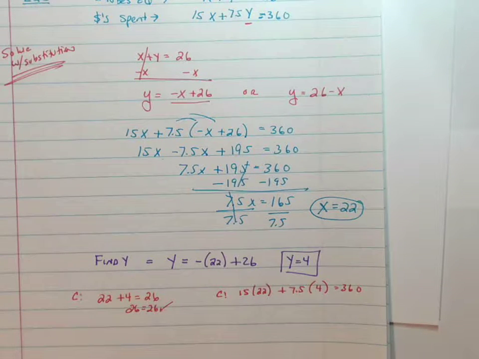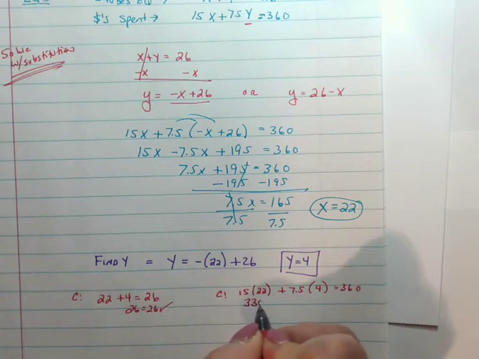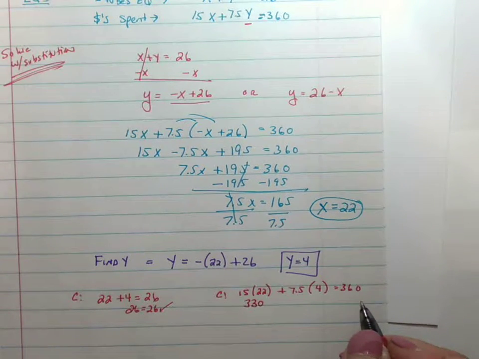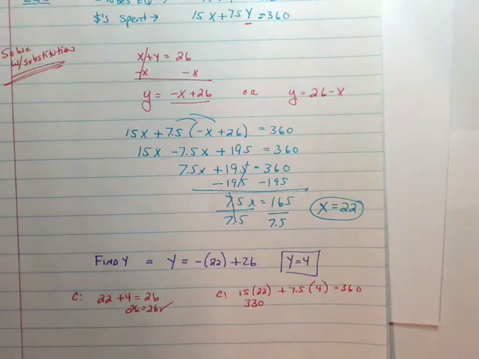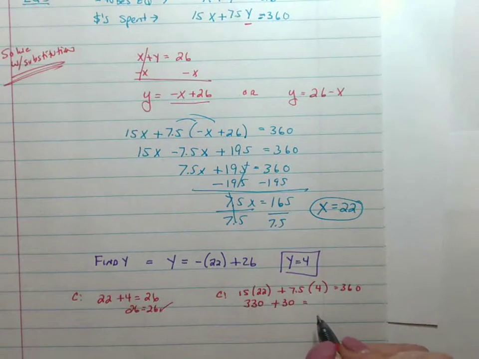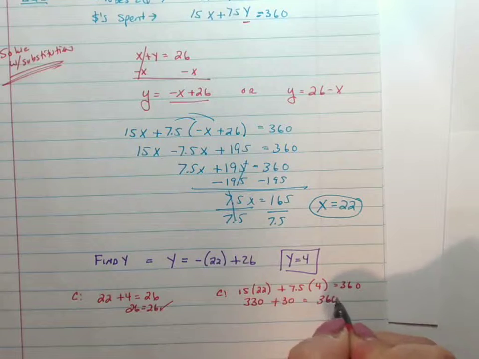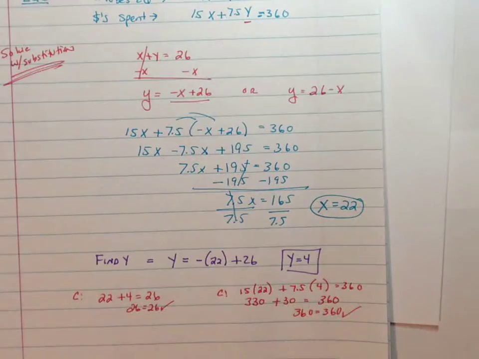I'll be right back. So 15 times 22 is 330. So they spent $330 on the tubes. And for 4, plus $30 for the cooler tubes, for a total of 360. Those 360 equals 360. Cha-ching, it checks.